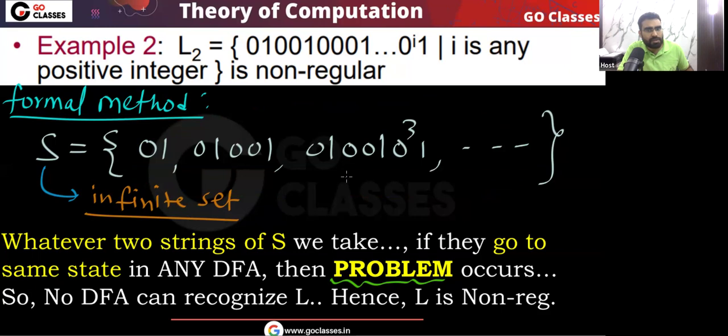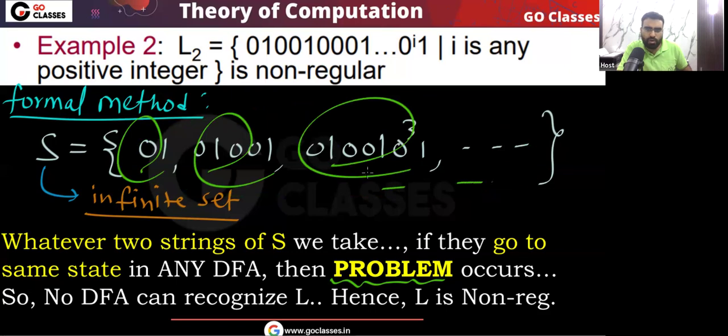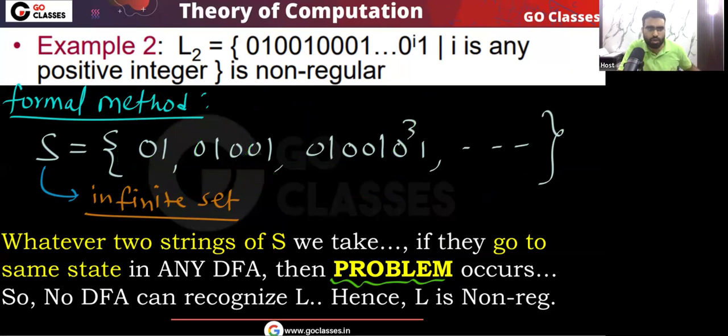So I can say that these strings must go to different states. Yes or no? All of them should go to different states in any DFA. But if they go to different states, then we need an infinite number of states. That is not possible. So that is the reason no DFA exists. Yes or no? Very simple point.